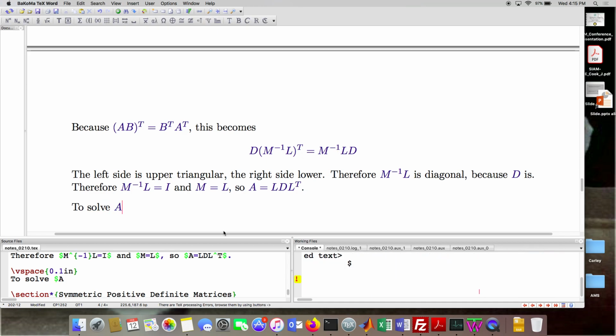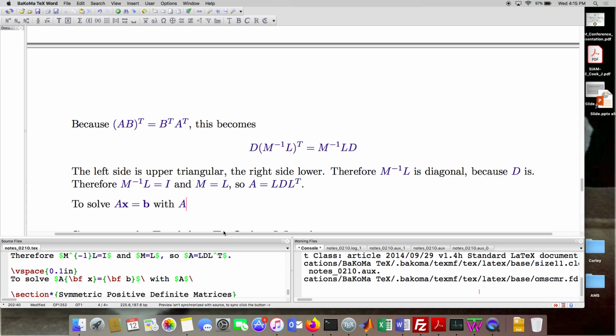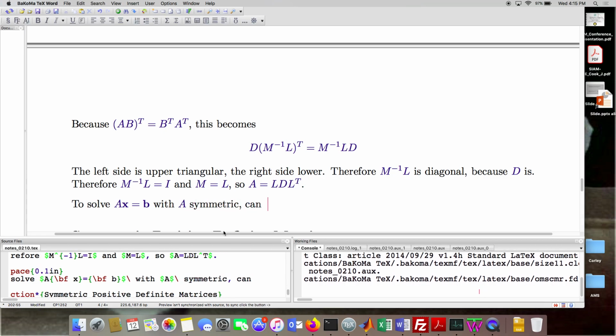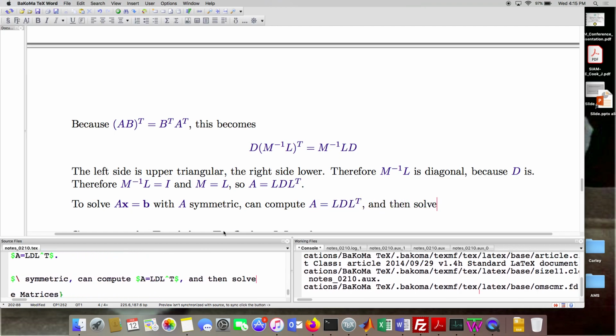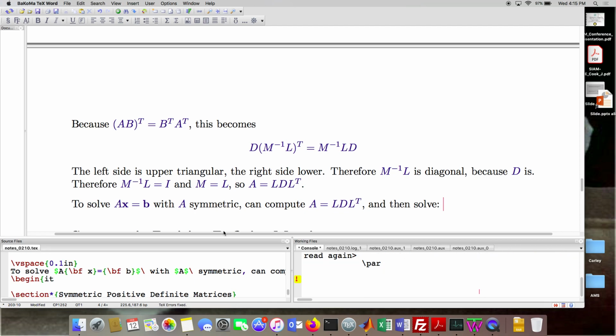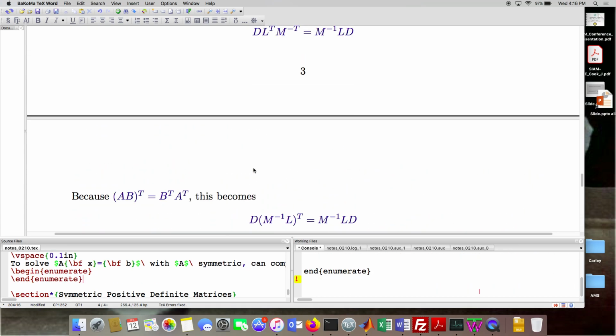So to solve AX equals B with A symmetric, we can compute its factorization, LDL transpose, and then solve these three systems.